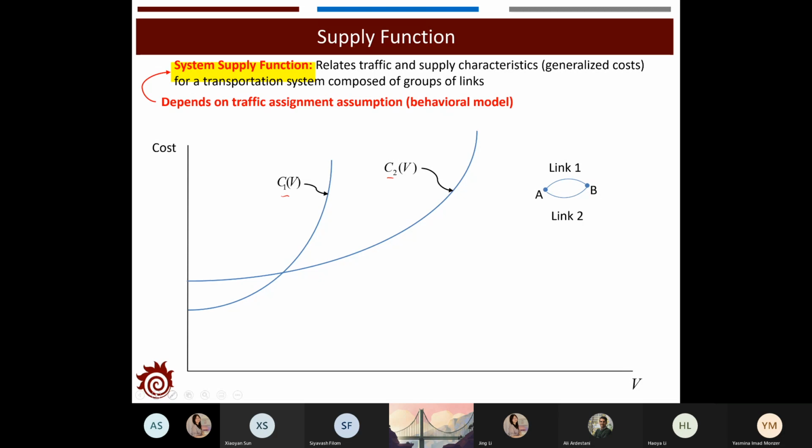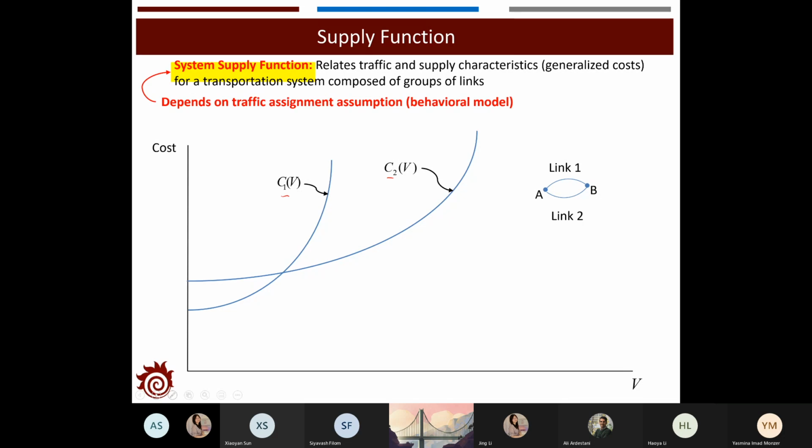And if there are two different options, and someone is traveling on route 1 and someone on route 2, then their travel time must be the same, which means that the cost of these two options must be the same. That's the assumption about the traffic assignment with the user equilibrium.